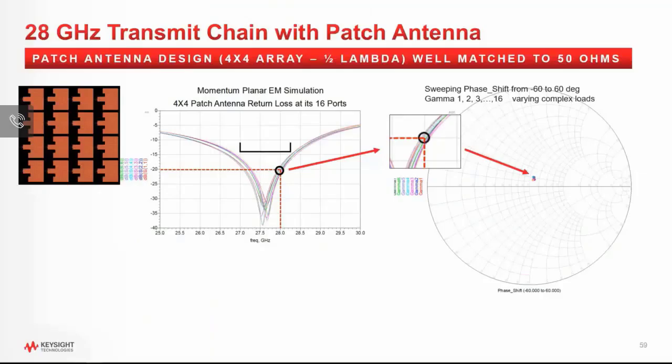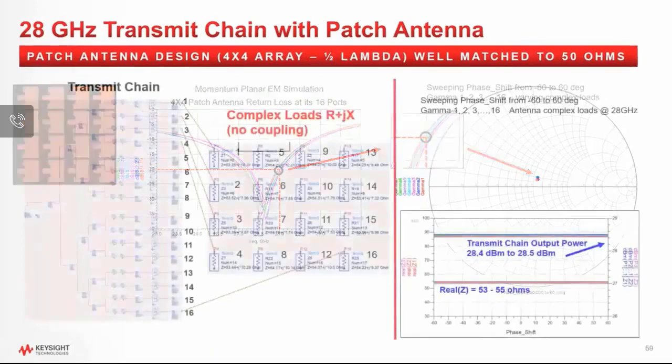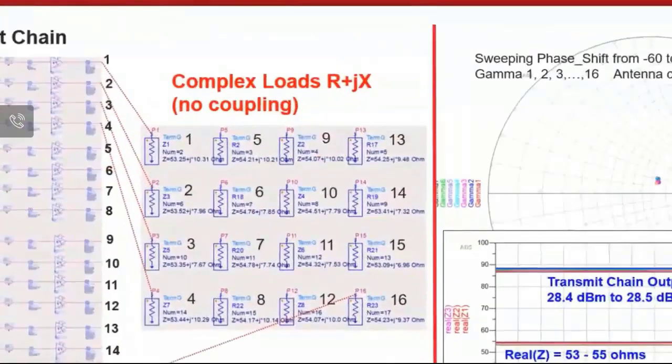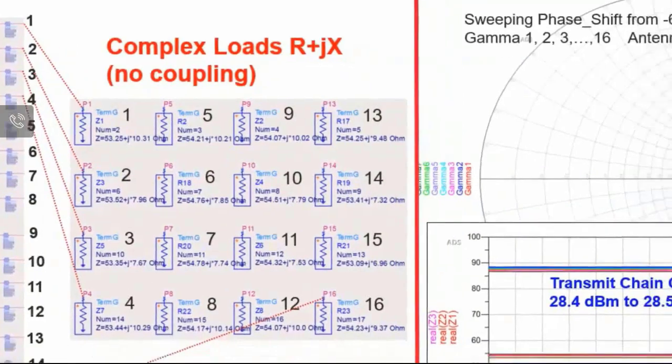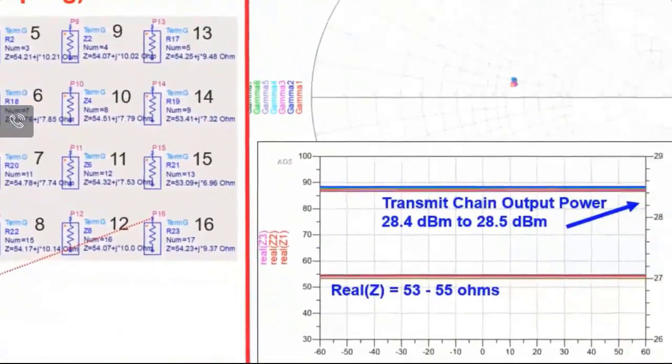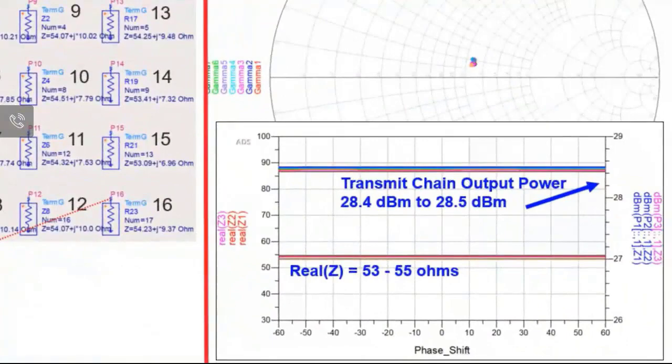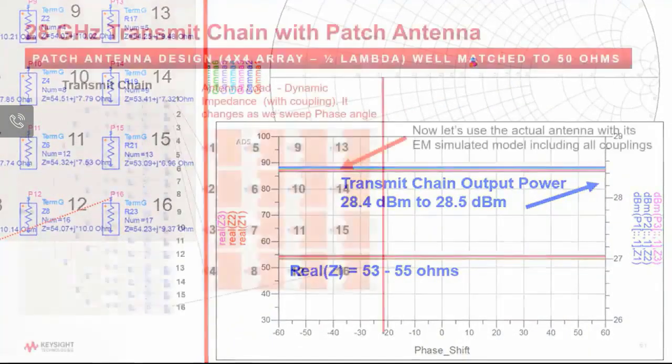Next, let me represent the 16 loads as complex loads extracted from the actual S parameters of the antenna at 28 GHz. But keep in mind, I'm still not including EM coupling from the patches. And the results still shows a non-varying impedance with the change in phase angle between -60 and +60 degrees.